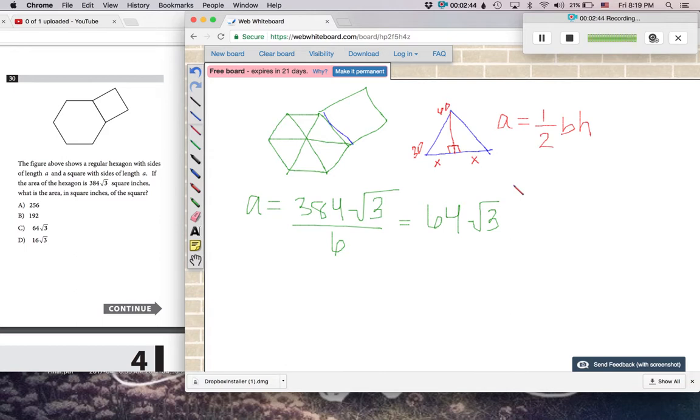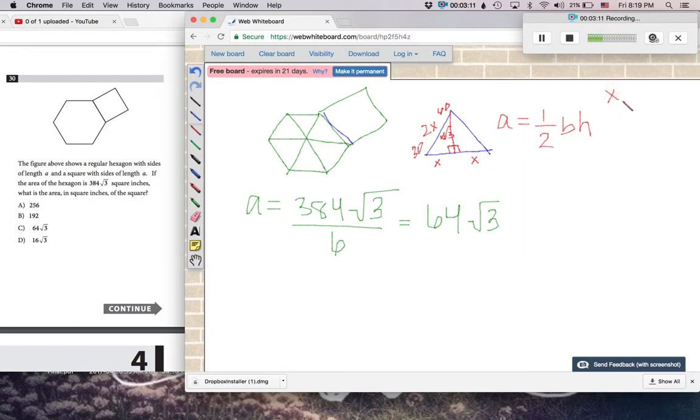Now, we know that in a 30, 60, 90 triangle, the ratios are actually x, x square root of 3, and 2x. So like this, x square root of 3, which is the height, and then 2x out here on the side. These are ratios you want to memorize.